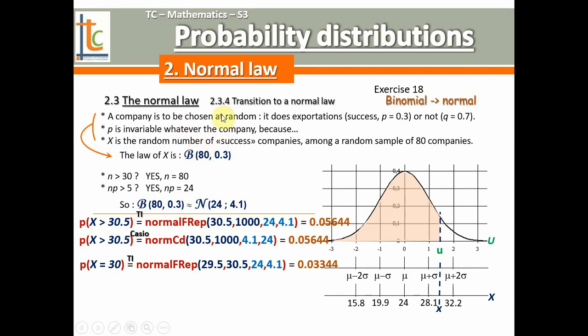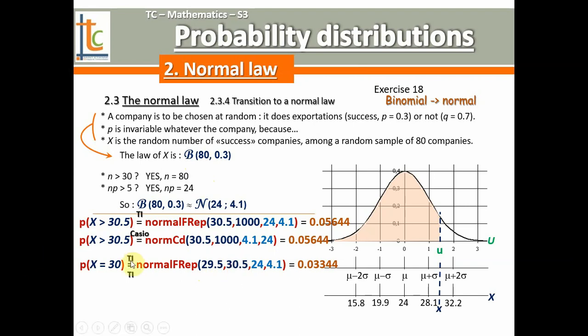But for the normal distribution, being equal to 30 is meaningless. So you have to translate it into an interval again. For a normal distribution coming from a binomial distribution, being equal to 30 will be being between 29.5 and 30.5.